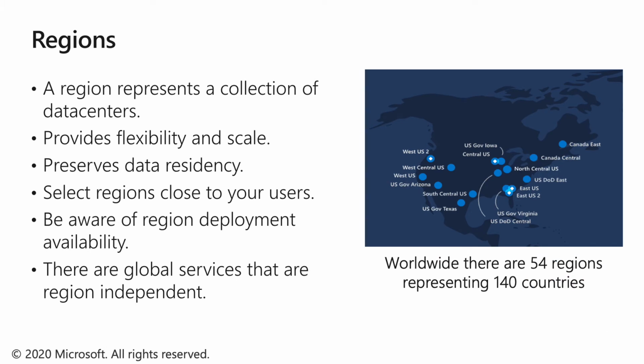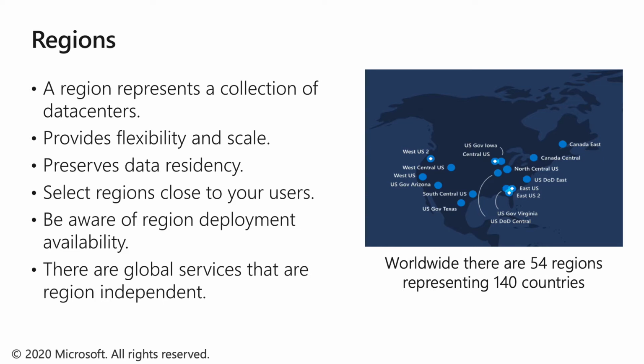Now, the first thing we need to think of is the regions and geographies, and this was mentioned previously in one of the presentations at the end of the week last week. So, a region represents a collection of data centers. This provides flexibility and scale. There are 54 regions for Microsoft's services representing 140 different countries.